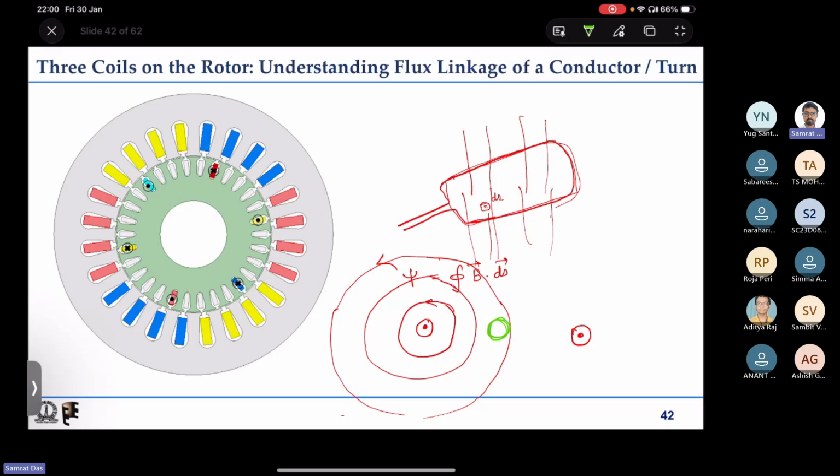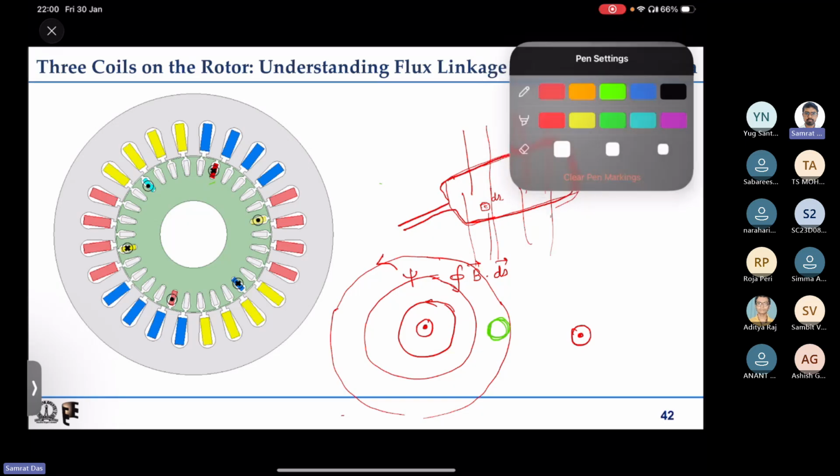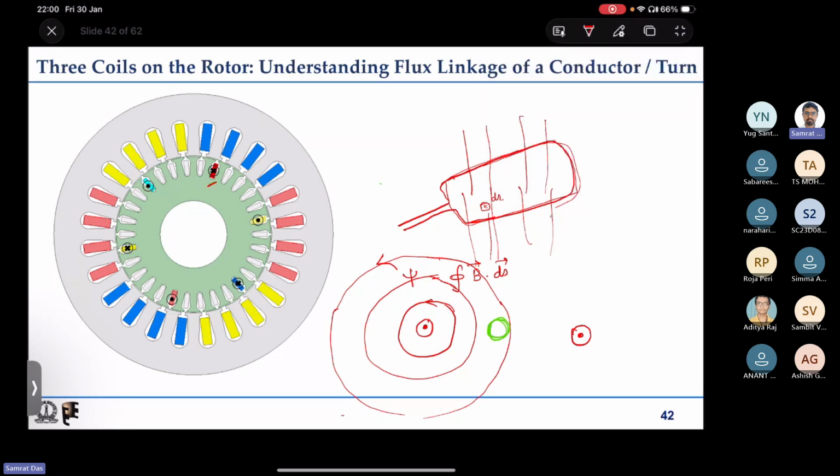So we'll try understanding flux linkage for the three coils that you have put on the rotor. For simplicity, although we have many coils, I have just indicated a few of them. This is one coil, and the direction is such that this is cross and this is dot.